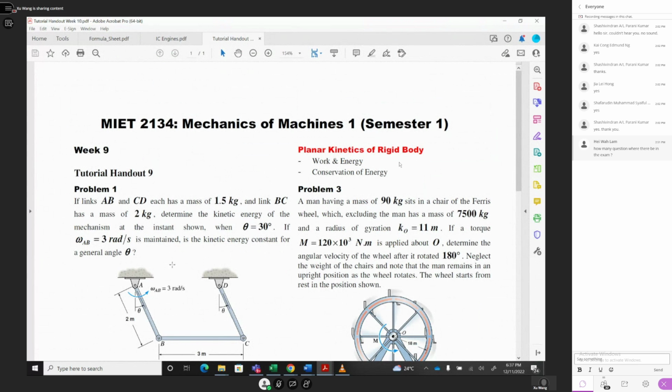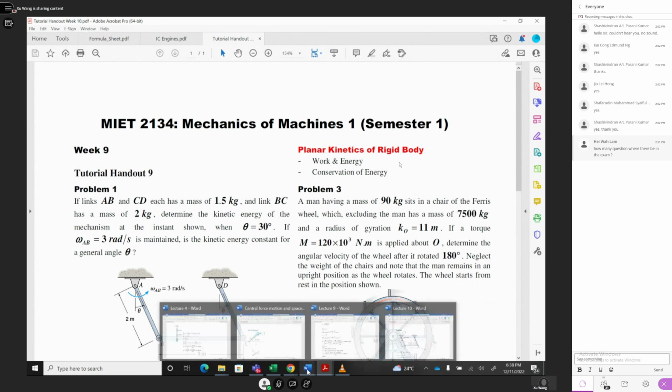And you have link BC, which is a sphere, and BC moves in a linear motion with no rotation. Link BC has a mass of 2 kilograms. Determine the kinetic energy of the mechanism at the instant of 30 degrees, if omega AB equal to 3 radians per second is maintained. Ask: is the kinetic energy constant for general theta or not? Okay, so we try to solve this.